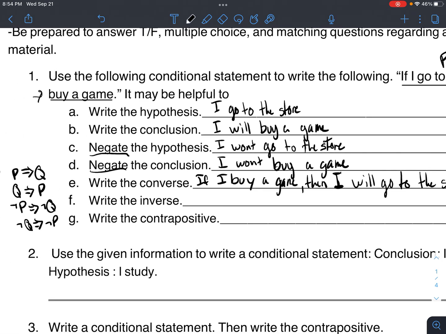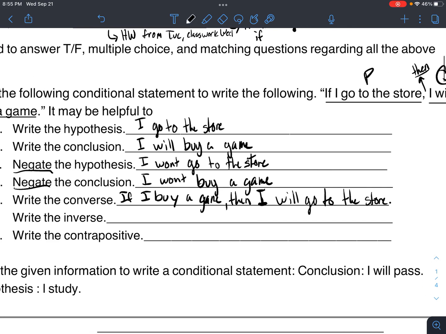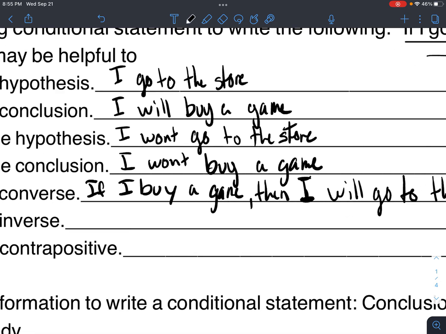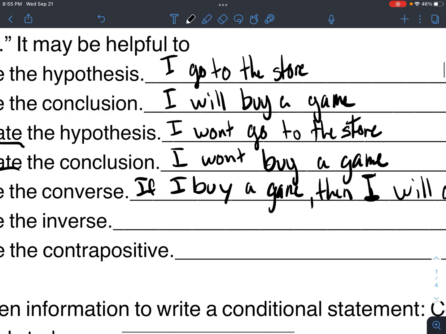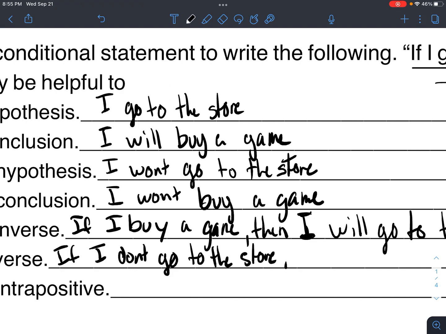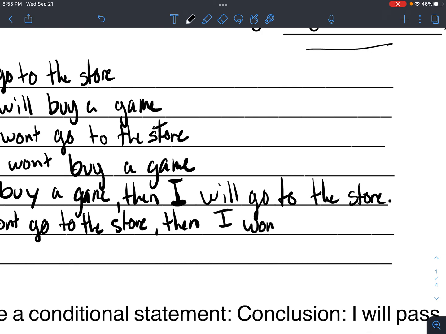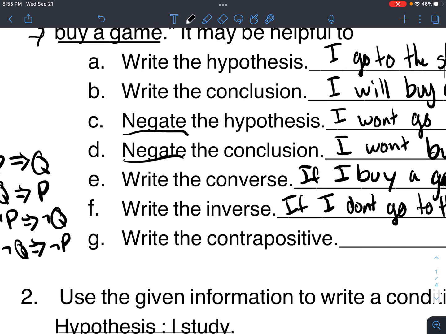So now writing the inverse, it's going to be the inverse of the conditional statement. So it's going to use the negation. So if I don't go to the store, then I won't buy a game.